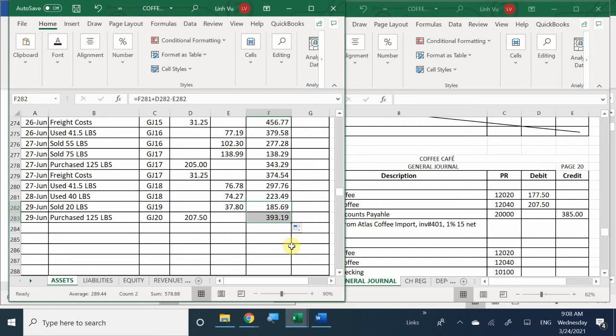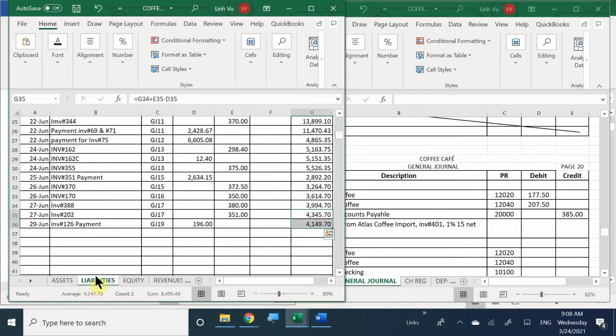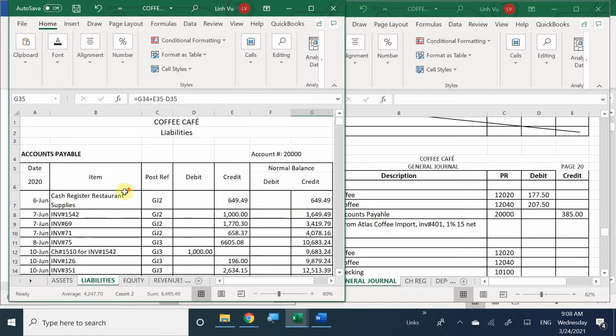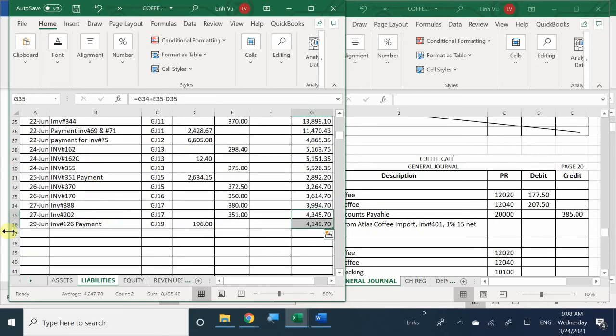Okay. So now we got to go to accounts payable because we received another bill, so we owe more money now. Okay. So here it's the 29. We owe more money, so therefore this is invoice number 401.